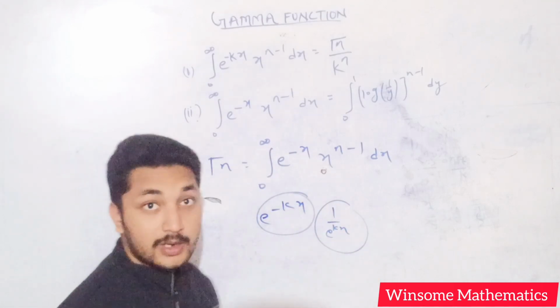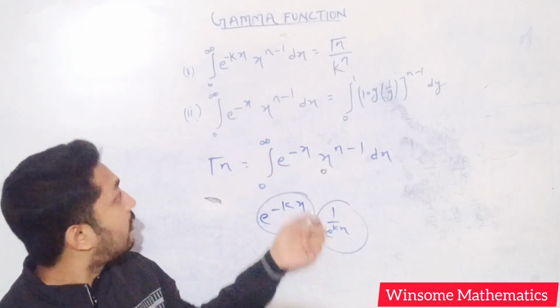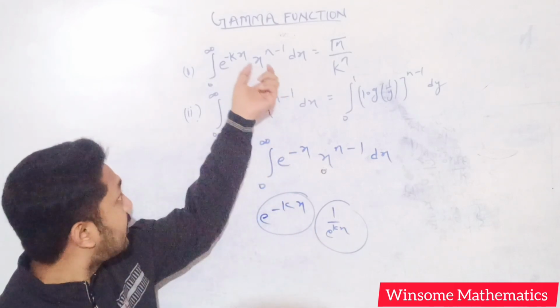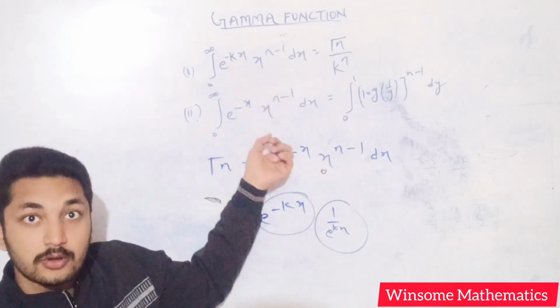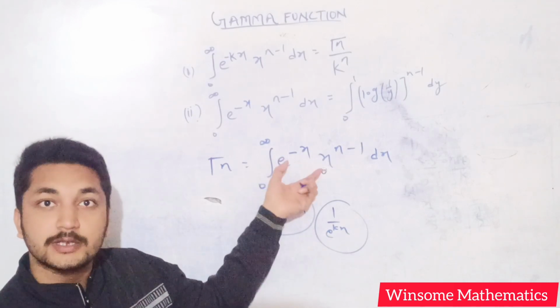But here it comes under integration, so we cannot just simplify it. Because the power is changed, we need to substitute it, otherwise we cannot fit it into this definition.